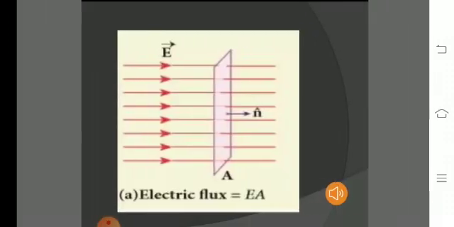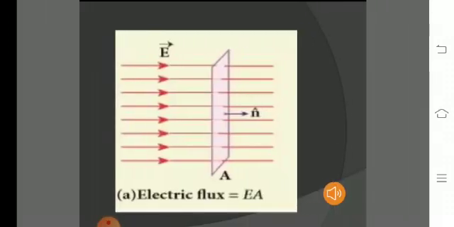From this concept, now we are going to discuss the electric flux for a uniform electric field. Here we consider a uniform electric field. In this electric field we place an element with area A. The area of the element is perpendicular to the electric field, it is normal to the electric field.